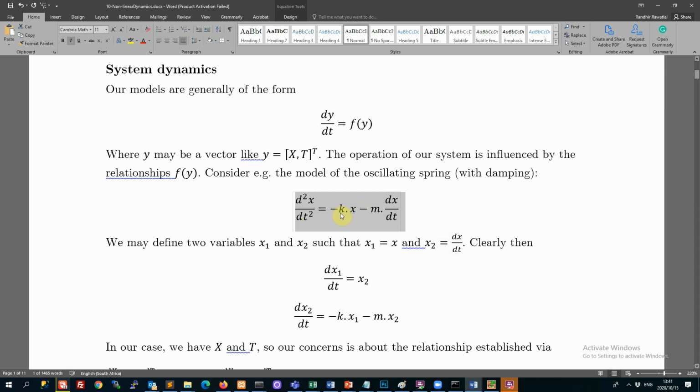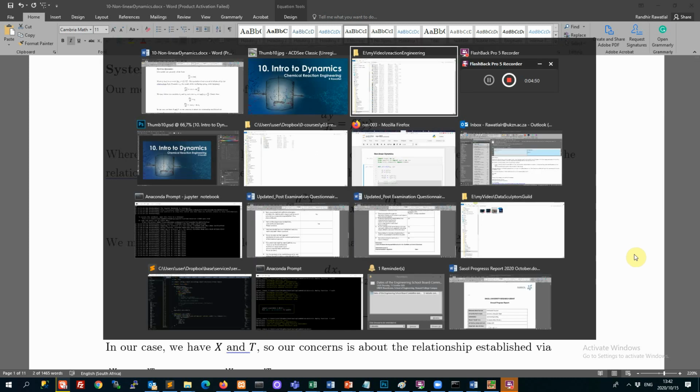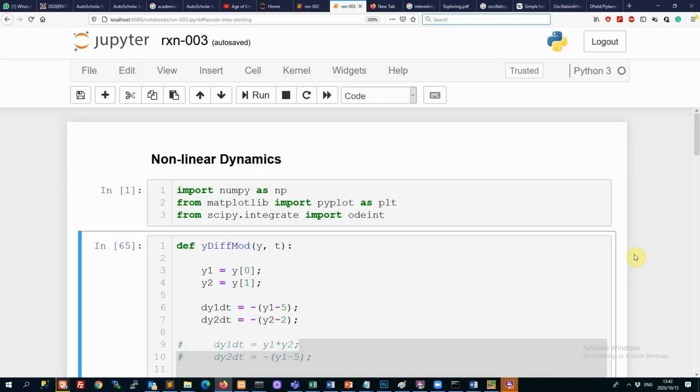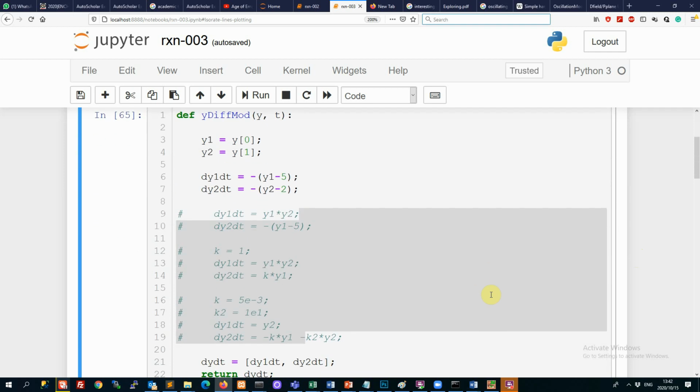This we can see is minus kx1, and then here we've got minus m x2, right? So this is a fair way to translate one second order ODE into two first order ODEs. And now that we have first order ODEs, we can go and solve it in Python or your choice, whatever language you want to work in.